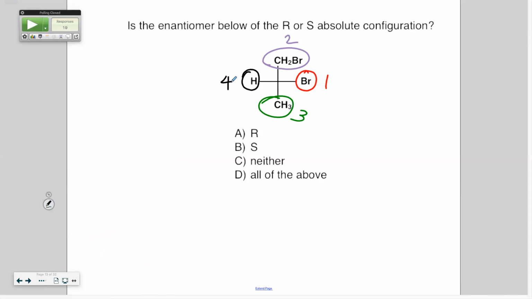The H and the Br are coming out. Right, we're going out. And what are the methylene bromide and the methyl doing? They're going back. Okay, so I'm going to hold this so that it's the same way. Which one am I going to grab? What did you get?